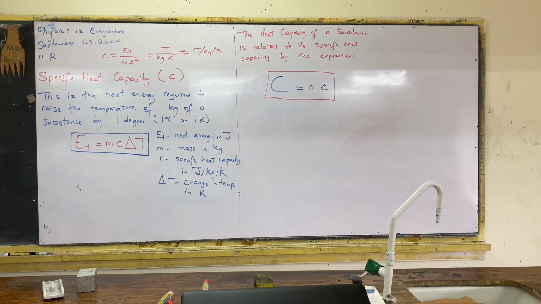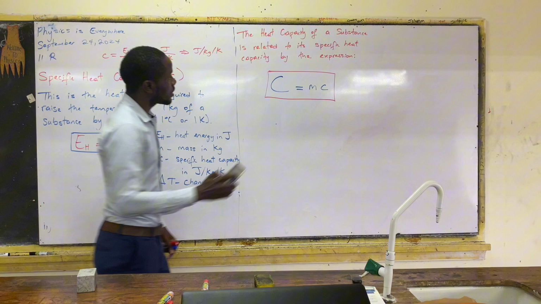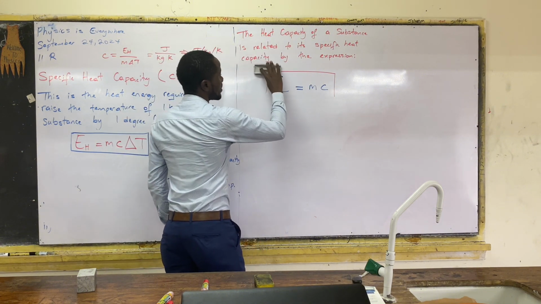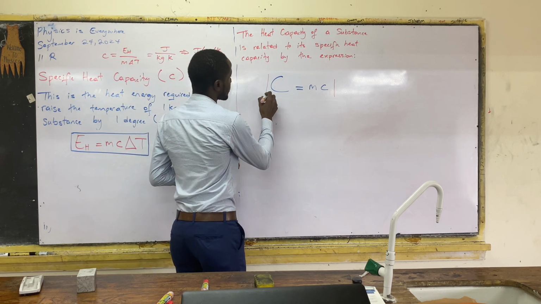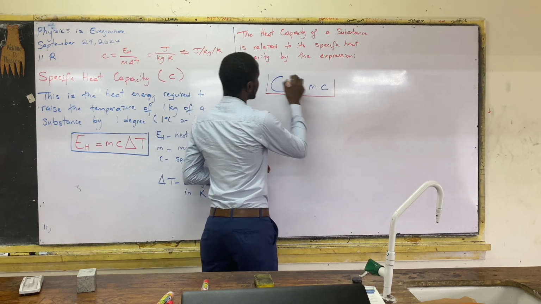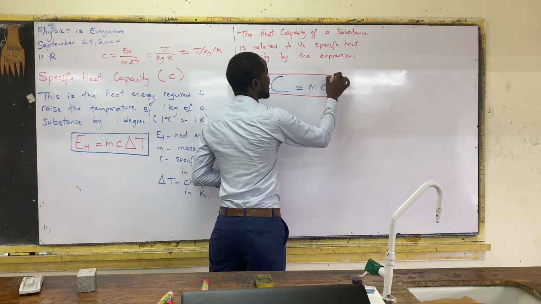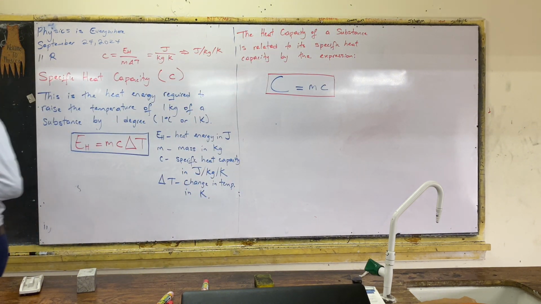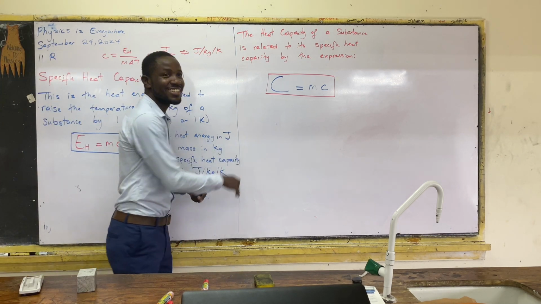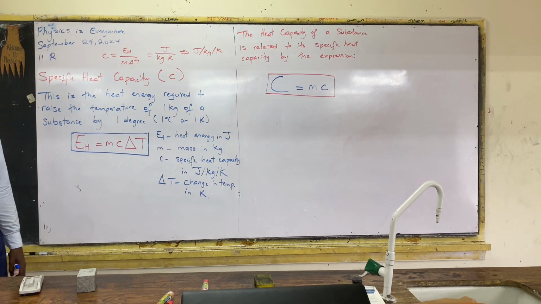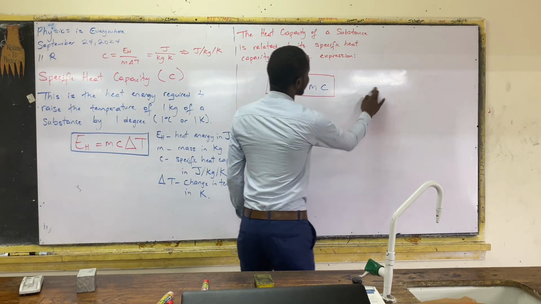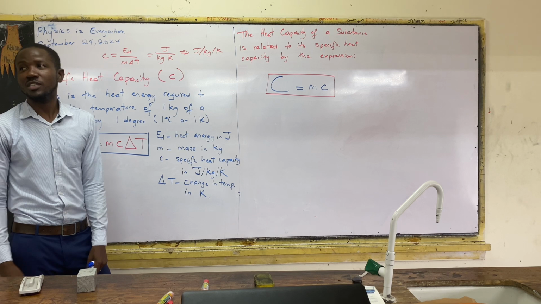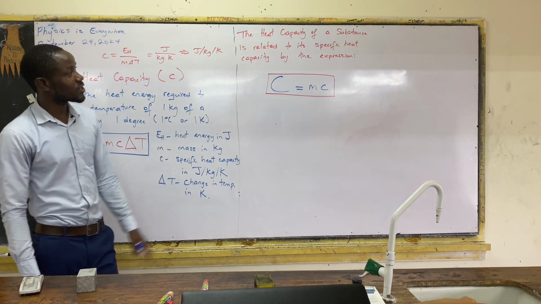That's one other expression that we need to be comfortable with, because it can be asked by anybody that we see on the road: what is the formula that relates the heat capacity to the specific heat capacity? You will never know, so you have to be prepared, just in case.